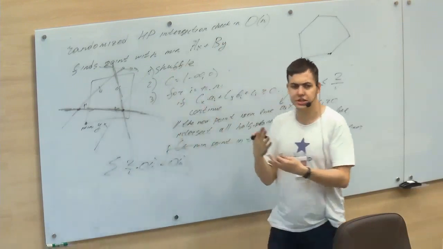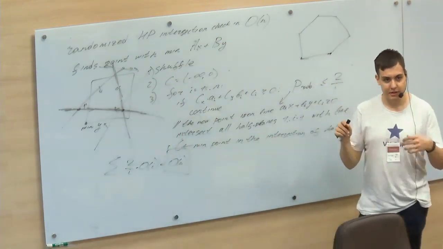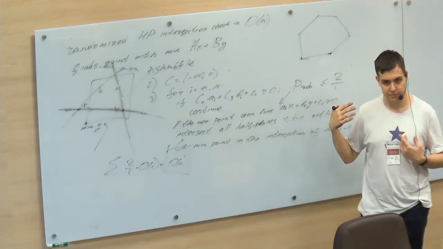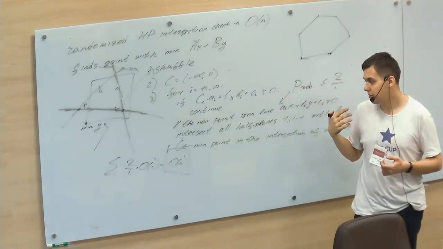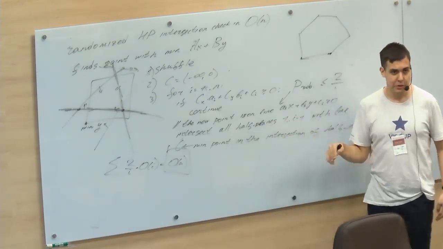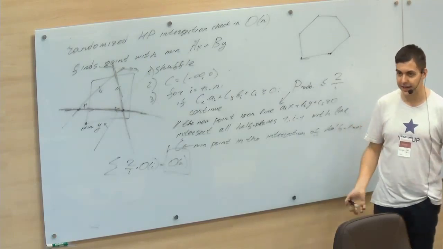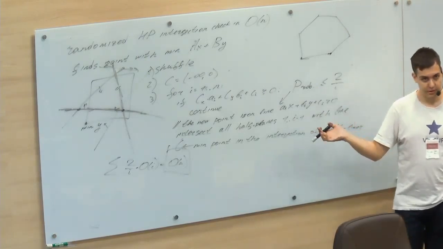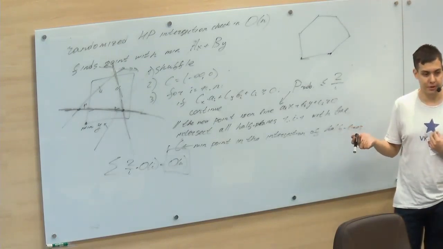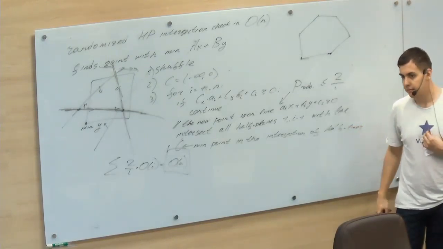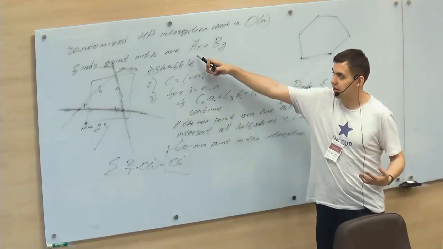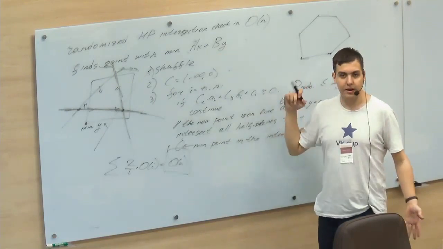So for any direction, this algorithm can find the farthest point in that direction. So we intersect all half lines here, we get a segment, and we take any end of the segment, which one we like more. Well, which one has the minimum ax plus by, or the maximum one?